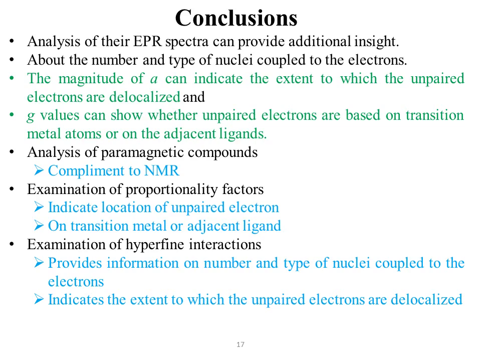Analysis of paramagnetic compounds is a complement to NMR. Examination of proportionality factors indicates the location of unpaired electrons, whether they are located on the transition metal or on adjacent ligands. Examination of hyperfine interactions provides information on the number and type of nuclei coupled to the electrons and indicates the extent to which the unpaired electrons are delocalized.